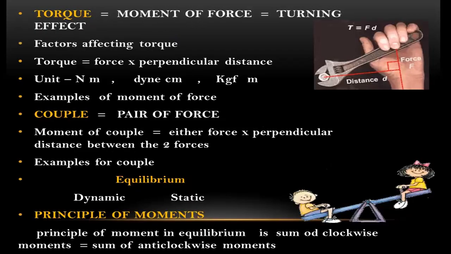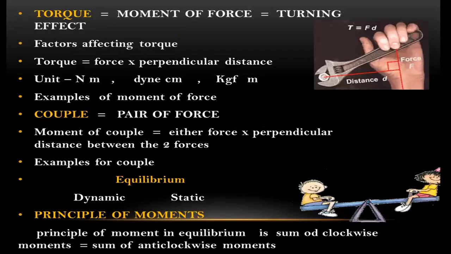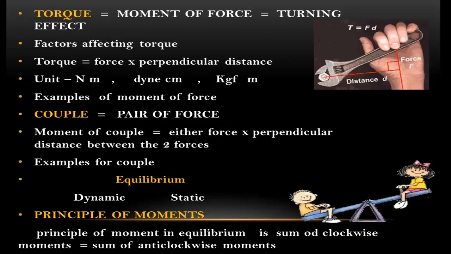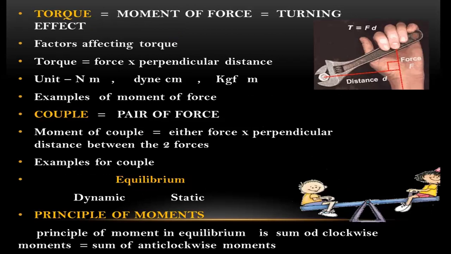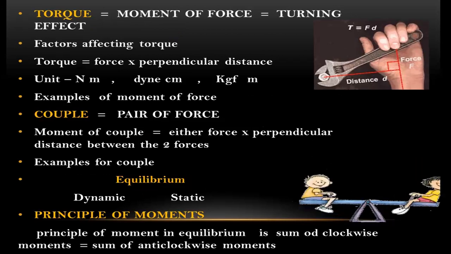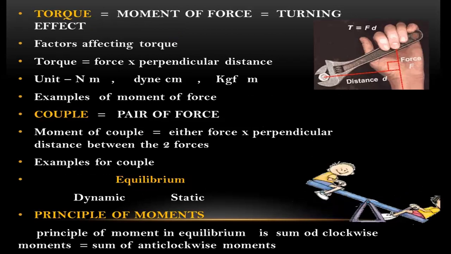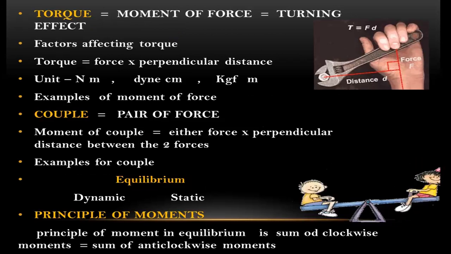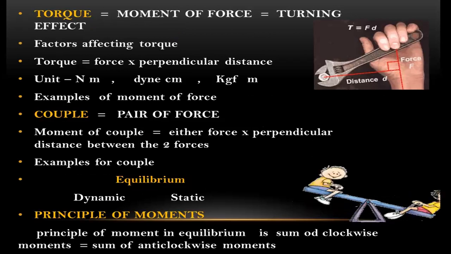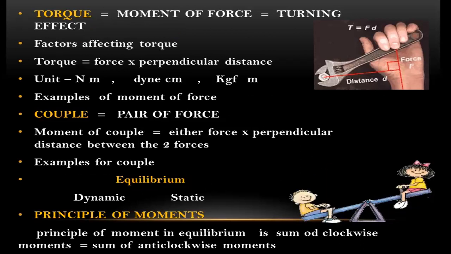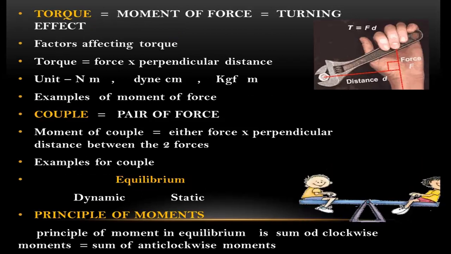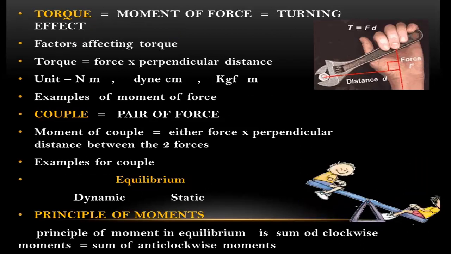And then we discussed torque. The word torque means moment of force, or otherwise you can call it the turning effect. So this turning effect, moment of force, torque, everything comes under rotational motion. This torque is due to the force that you apply on an object which is fixed at a point.